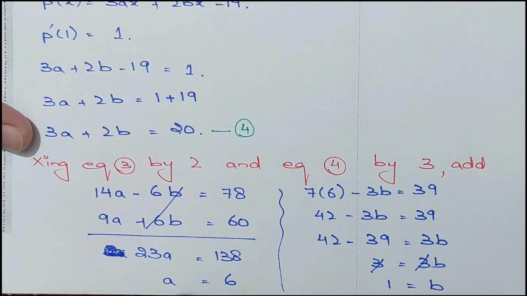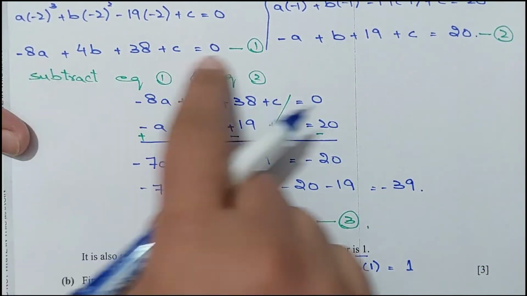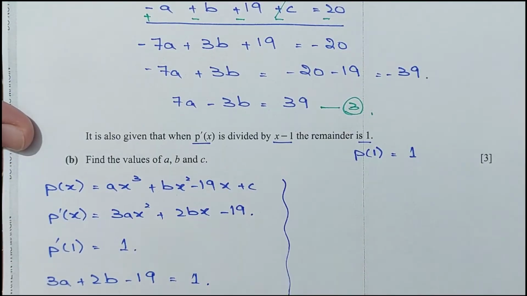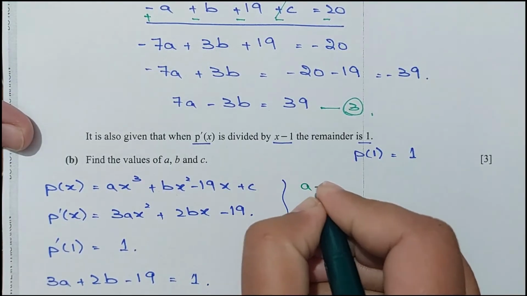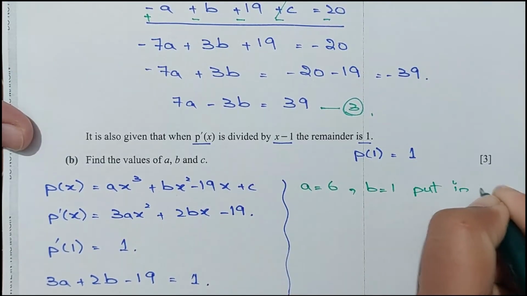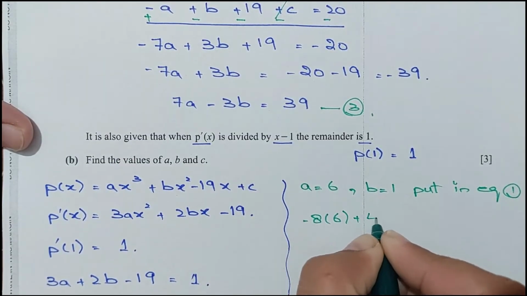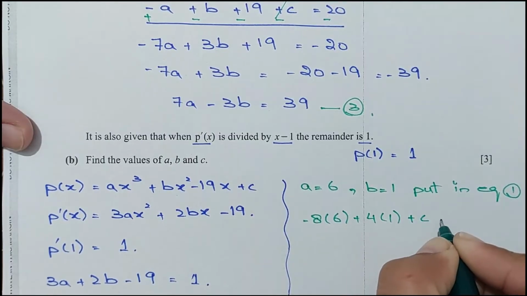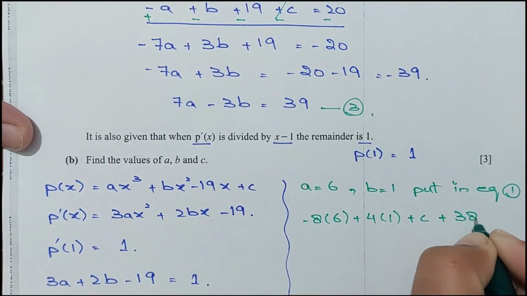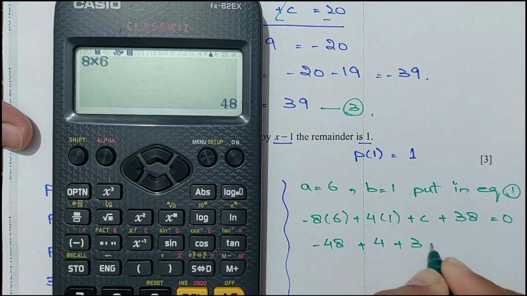Right. Now plug a and b, 6 and 1, into my equation number 1. a equals 6 and b equals 1. Put in equation 1. Minus 8a plus 4b plus c plus 38 equals 0. 8 times 6 would be 48, so minus 48 plus 4 plus 38 plus c equals 0.